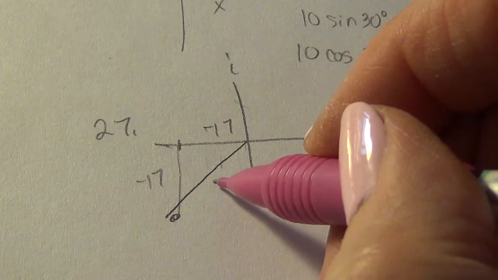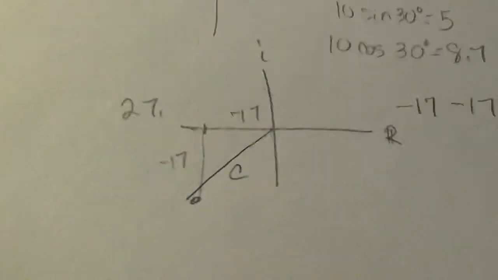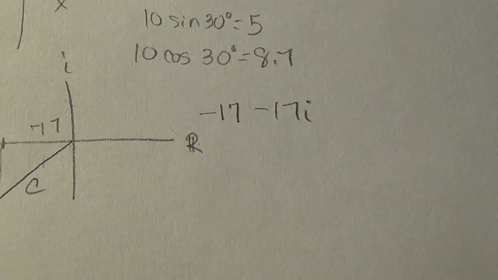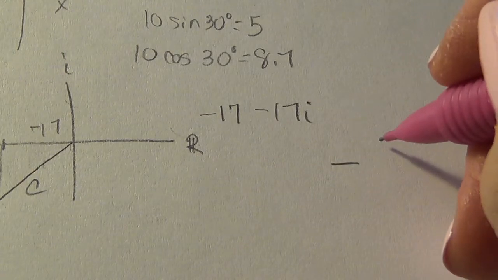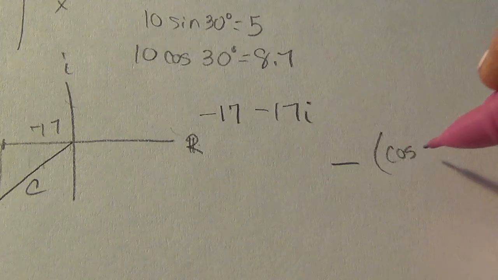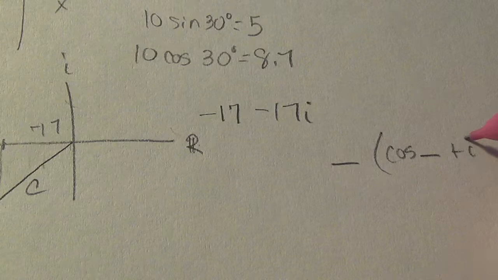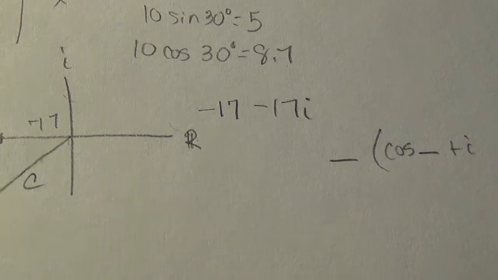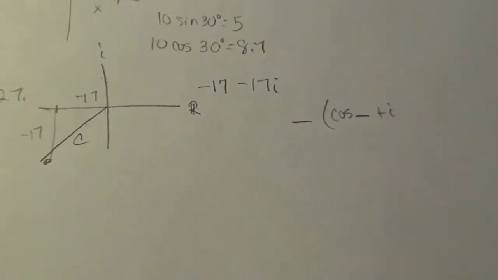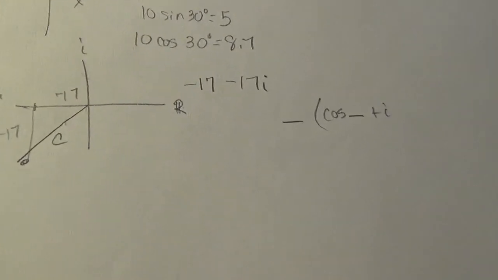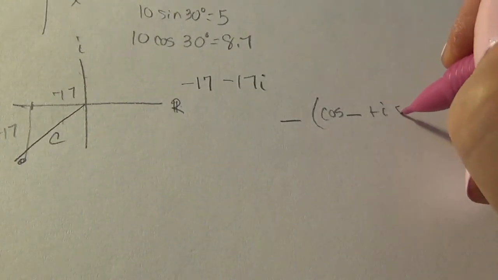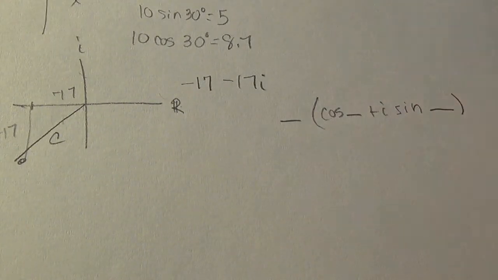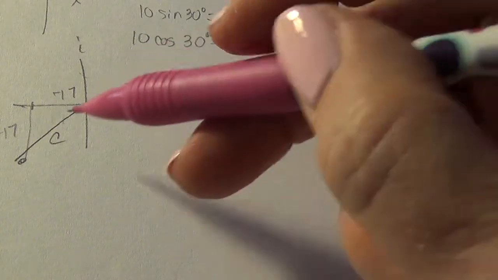So we need this value right there. So when you put it in trig form, you'll have a number, then you'll have cosine some angle plus i sine the same angle. Like that. This number comes from c.